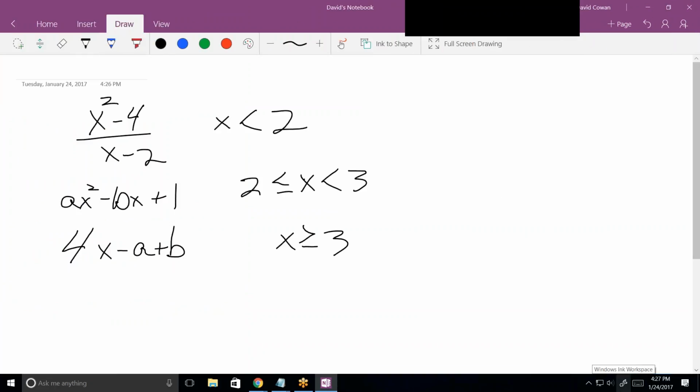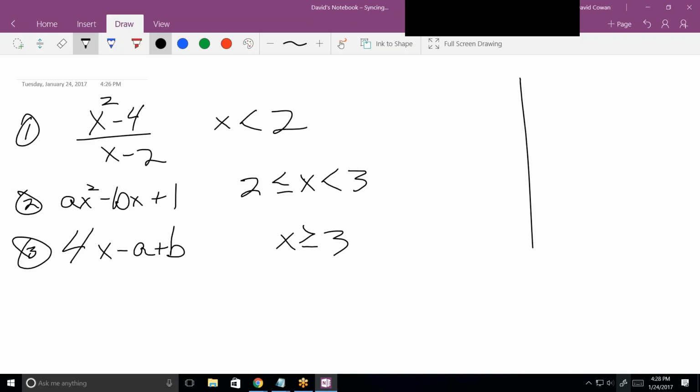Well, where do the functions have to be equal and to what? They have to be equal at 2 and at 3. Function 1, function 2, and function 3, just so we don't have to keep spelling it out. Function 1 has to be equal to function 2 at 2.